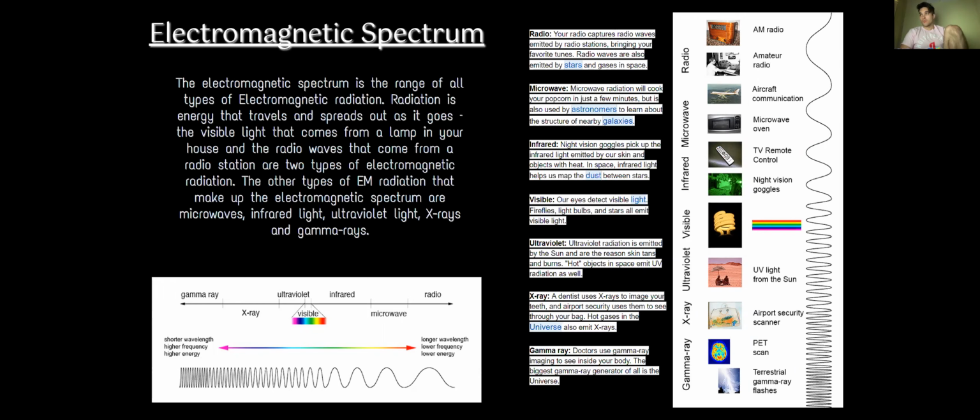It's basically any energy that travels and spreads out in the form of waves. They can come from anything: the lamp, a TV remote, the sun, radar, radio. All that stuff is electromagnetic radiation. So, like I said, there's a spectrum.